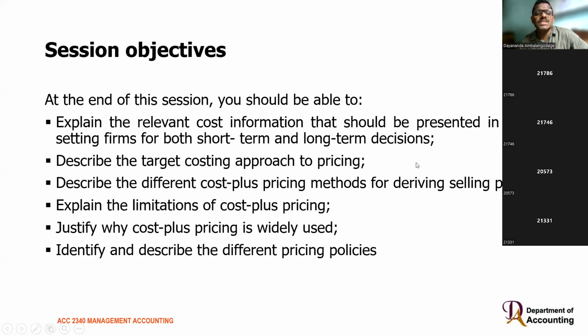Throughout this chapter, we will be talking about two types of business model. One is price setting firms, the other is price taking firms.